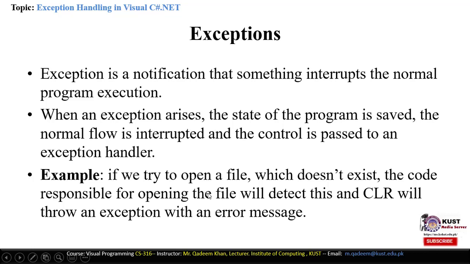And the CLR, the common language runtime routine, will throw the exception with the error message to the user. The user will identify the particular error message and then decide what he or she wants to do.